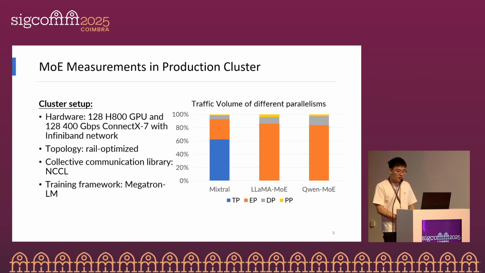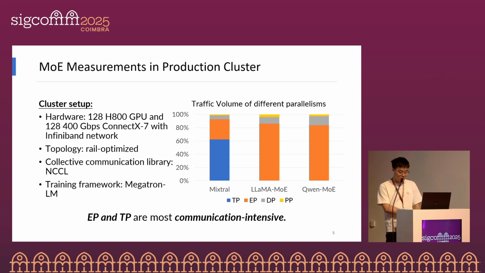To better understand the challenge, we first present a series of measurements on a production training cluster with advanced GPUs and high-speed networking, together with optimized software, NCCL and Megatron-LM. We measure 3 representative MoE models. We found that first, expert parallelism and tensor parallelism contribute the most communication-intensive dimensions.